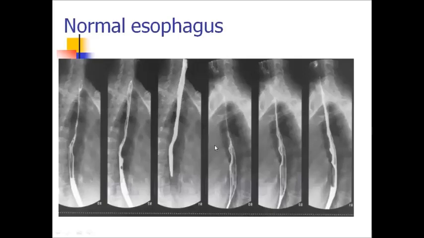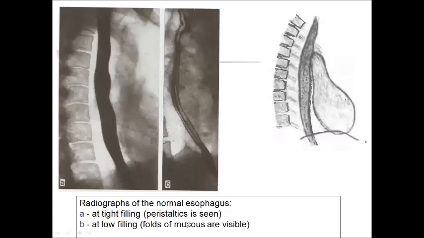Here is an example of different phases of swallowing and in different projections: tight filling, starting constriction, ongoing constriction, and the same in a different projection, as you see.